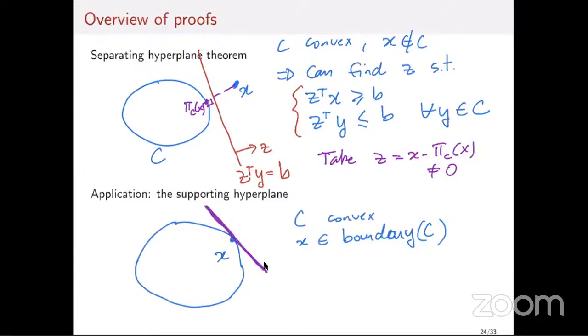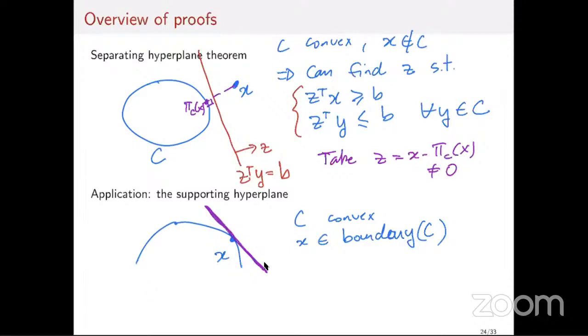You can think of it as a tangent to the convex set C at X, except that the set C does not have to be smooth around X.